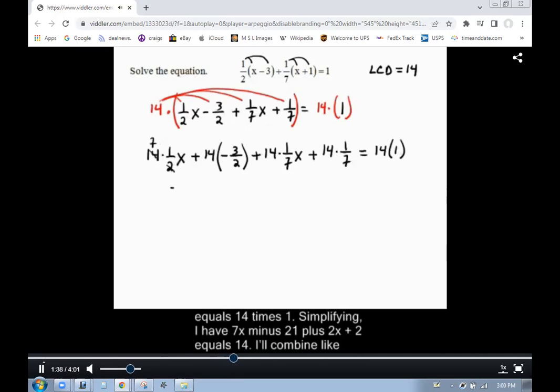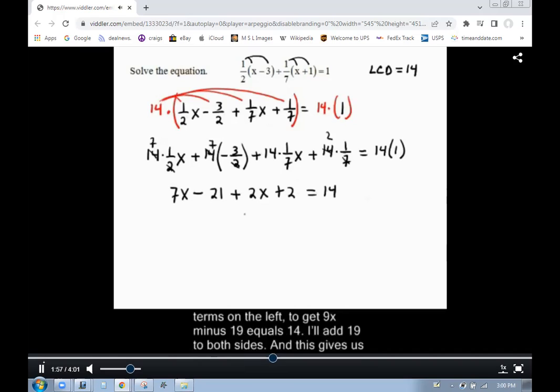Simplifying, I have 7x minus 21 plus 2x plus 2 equals 14. I'll combine my terms on the left to get 9x minus 19 equals 14.